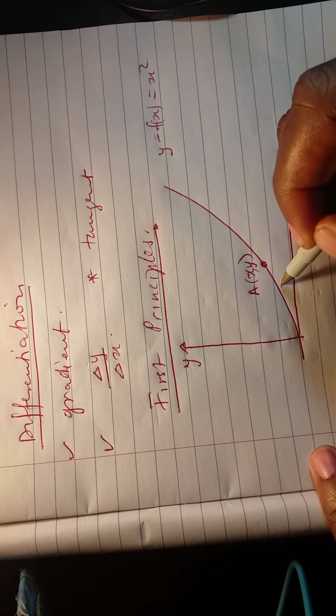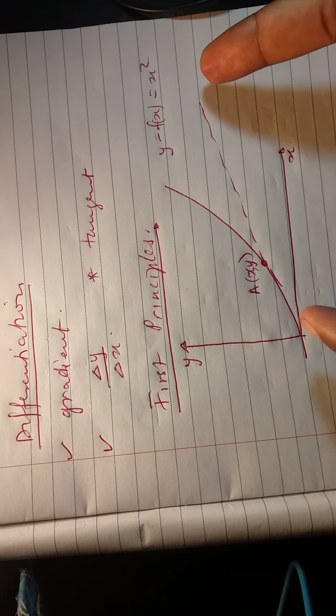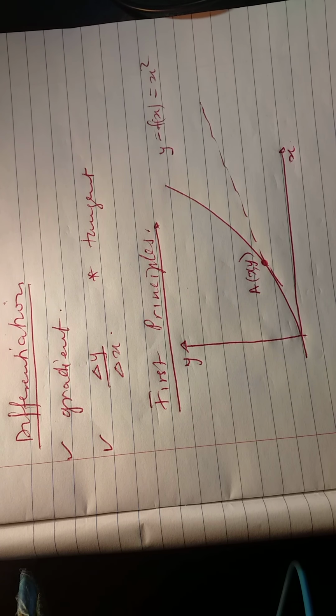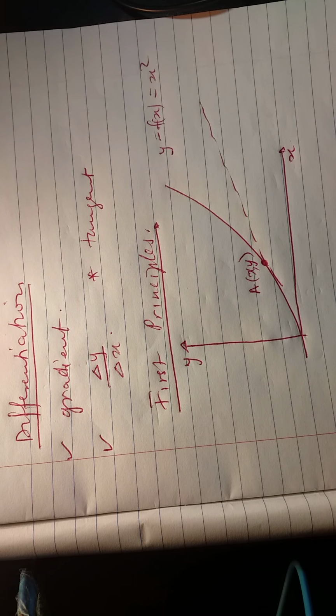Suppose I'm going to be having the tangent here. The gradient of this tangent is definitely going to give me the gradient of the curve at the point A. But we know that drawing the graphs and everything on a graph paper is going to be very long and very tedious, and we won't have the time. So we'd rather have a calculative method, which we are going to be calling the first principles approach, that is going to help us to come up with the gradient of the curve.